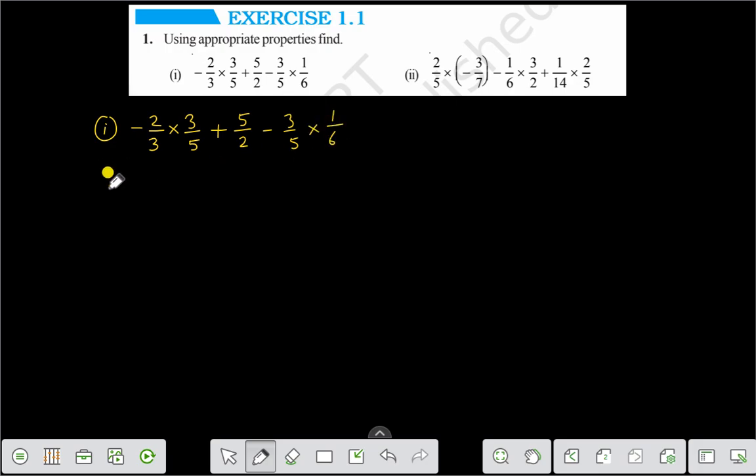You can write this as minus 2 by 3 into 3 by 5. We write this number first, that is minus 3 by 5 into 1 by 6, and at the end plus 5 by 2. Here we are using the rule of commutativity.